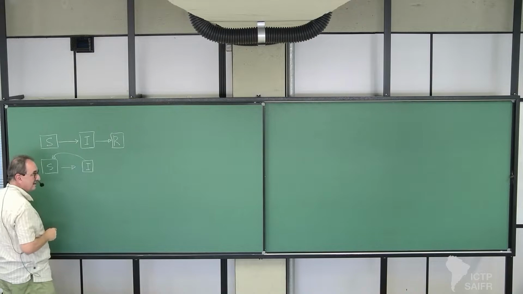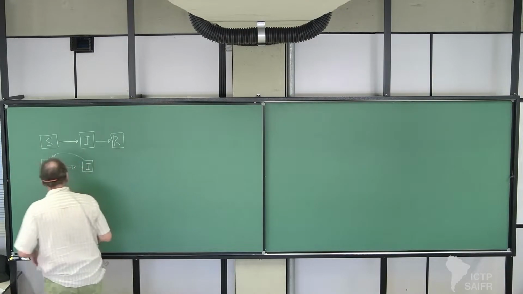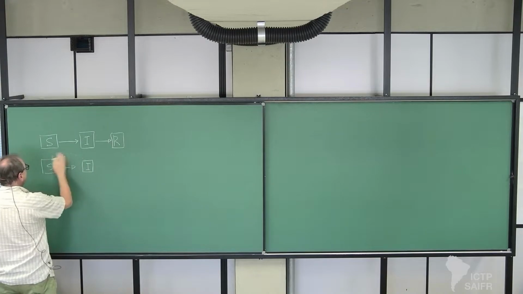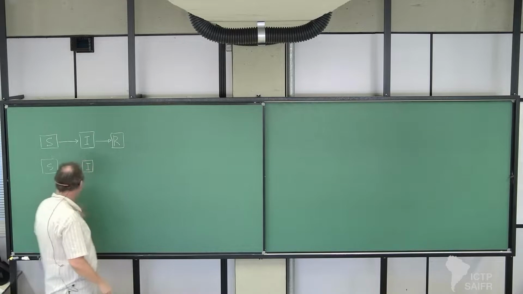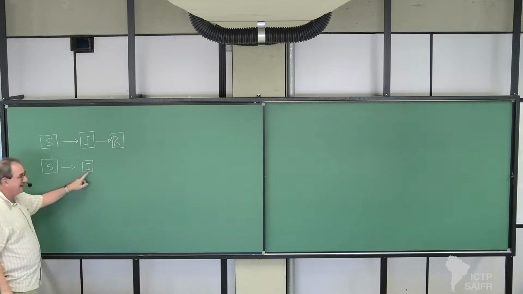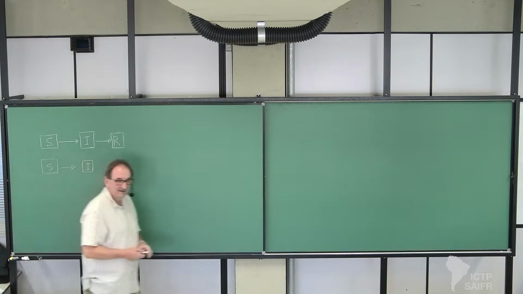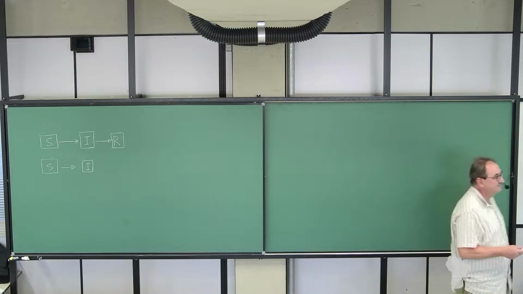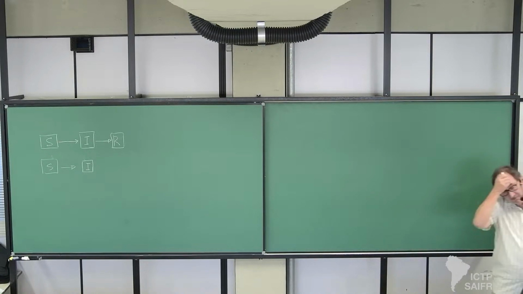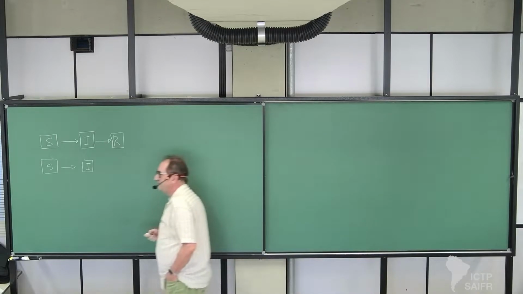Okay. So let's think a little bit. What kind of situation would be modeled by a model that has only S and I without an arrow back? HIV, yeah, HIV is usually more complicated.